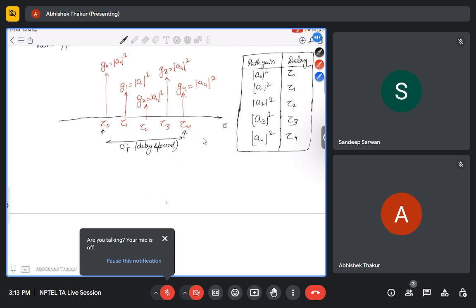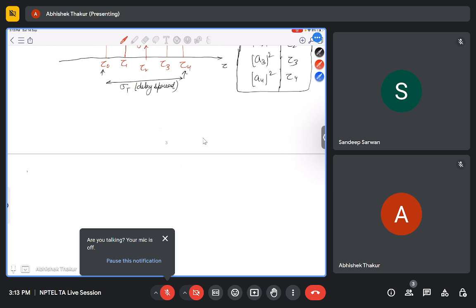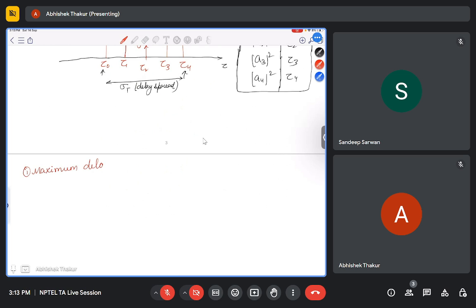The first is the maximum delay spread, denoted as sigma_t max.